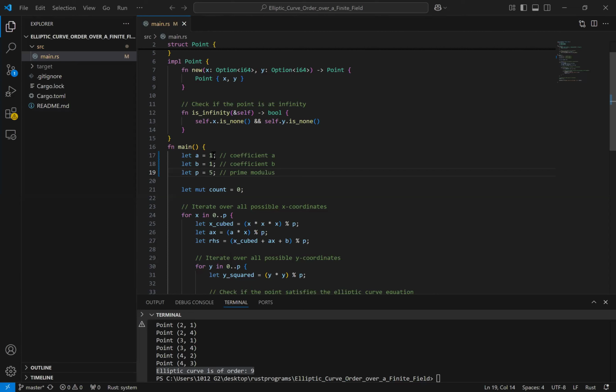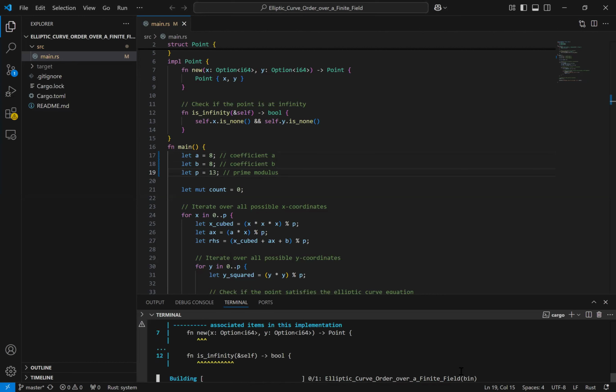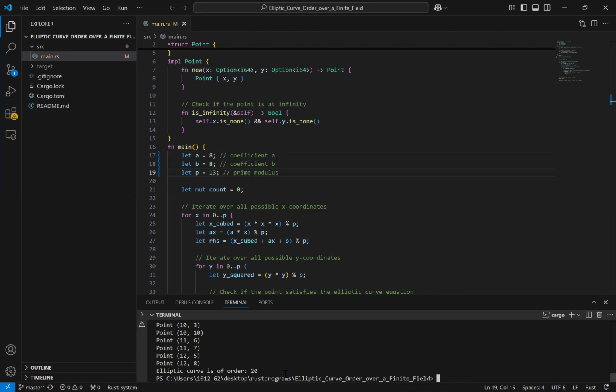A is 8, B is 8, and our prime number is 13. And how many elements does it have? This one has 20 elements, 20 points.